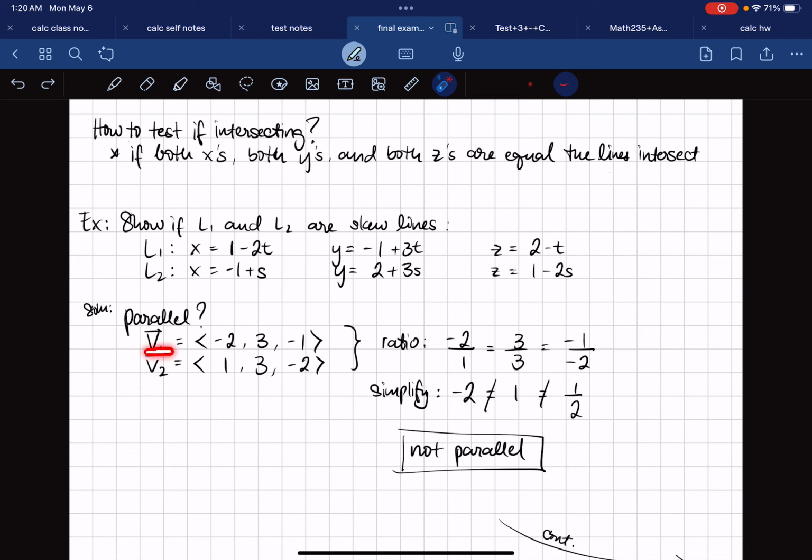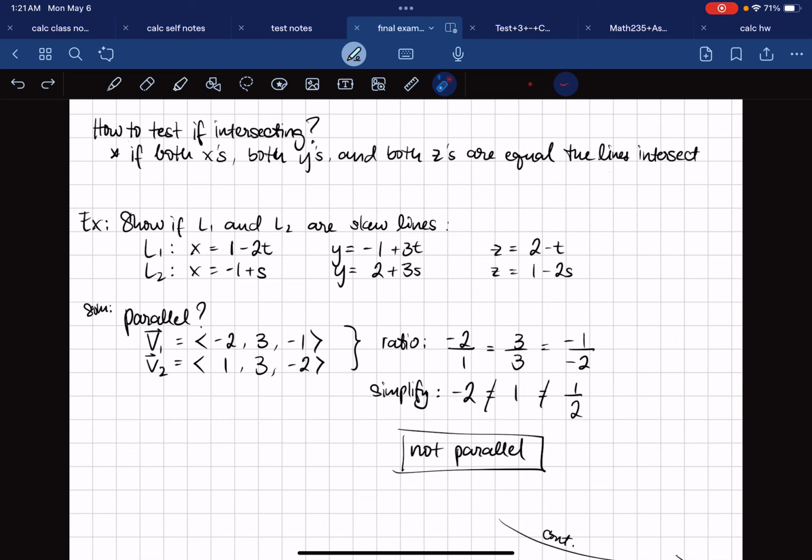Your vector 1 corresponds to the coefficients of t, so you have -2, 3, and -1. And the same for v2.